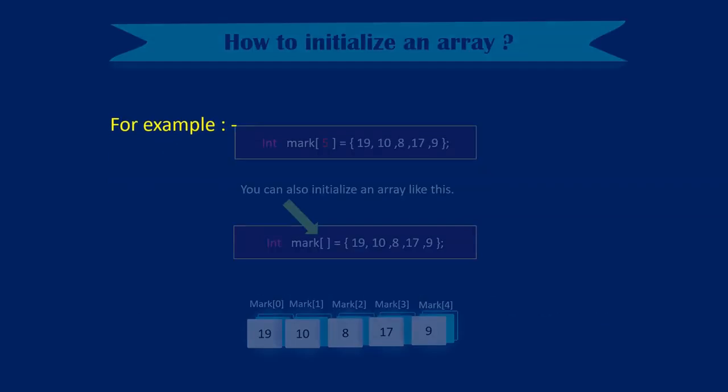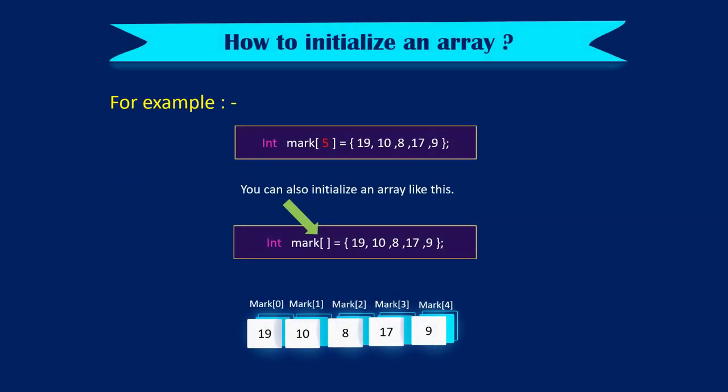Next we discuss how to initialize an array. It is possible to initialize an array during the declaration. For example, int mark[5] = {19, 10, 8, 17, 9}. You can also initialize an array like this: int mark[] = {19, 10, 8, 17, 9}.